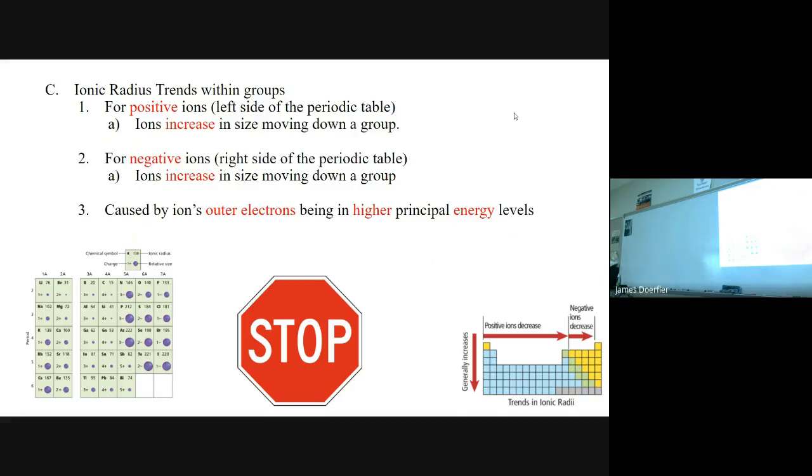Because in a period, we decrease as we go to the right. So since rubidium is to the left of strontium, we should expect rubidium to be larger in terms of atomic radius than strontium. So we made predictions, which are true.